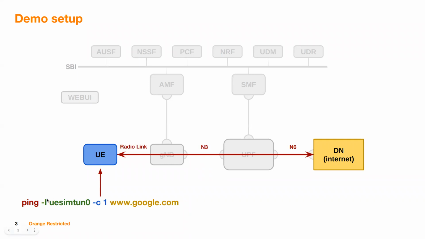So the UE SIM tunnel represents the interface of the PDU session, and we have the PDU session anchor. This is what we achieved. We are able to configure with minimal effort the demo you provided on the One Summit workshop and make it working.